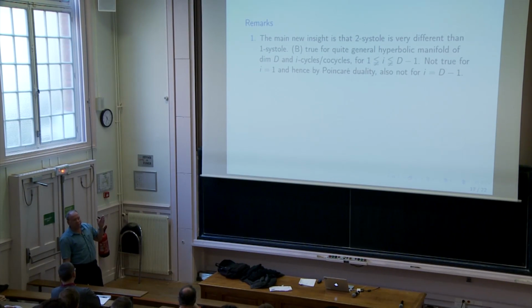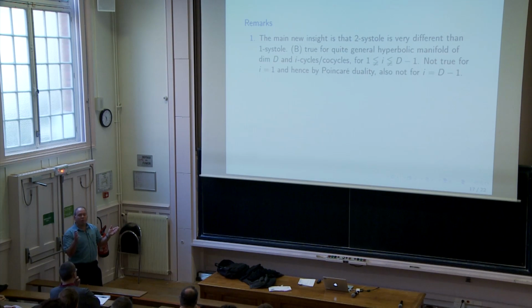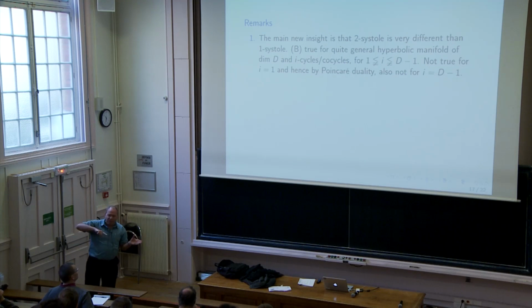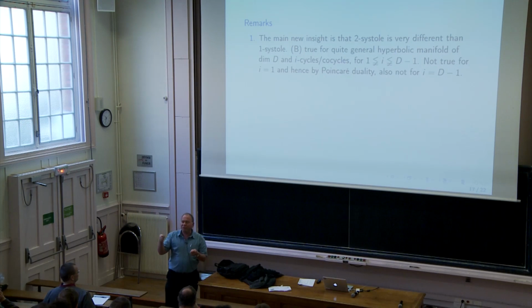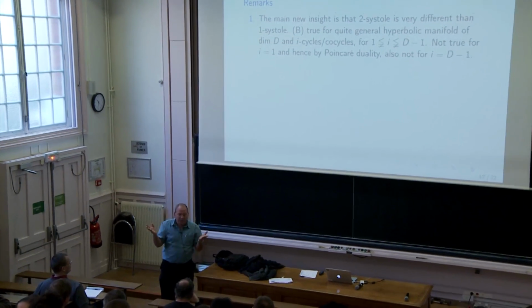The problem is with dimension 1, and if you work with manifolds, the problem is also because of Poincaré duality in dimension d minus 1. But let's talk about 1, which is easy to explain. The problem with 1 is this thing which we all know, either for manifolds or even for simple graph theory: if you have a graph and you ask what is the girth of the graph, then the girth of the graph is at most logarithmic.